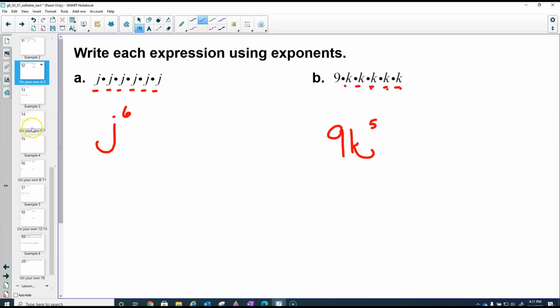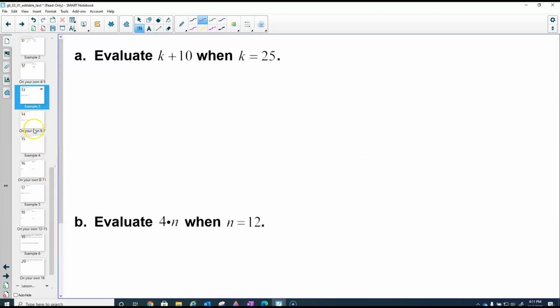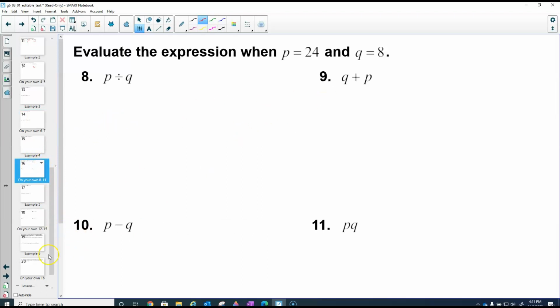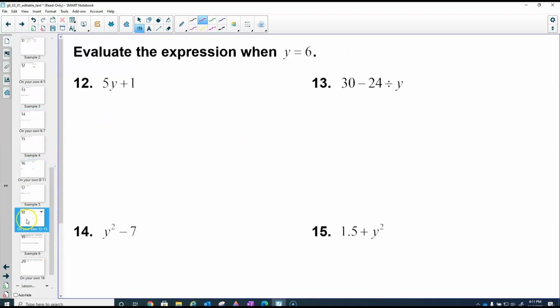Now that I've gone quickly over that, I would like to now go over how to enter values. We did that one in class, and we did a couple of these as well. If we know the value of our variable, we can plug that number in to where it belongs in the equation.